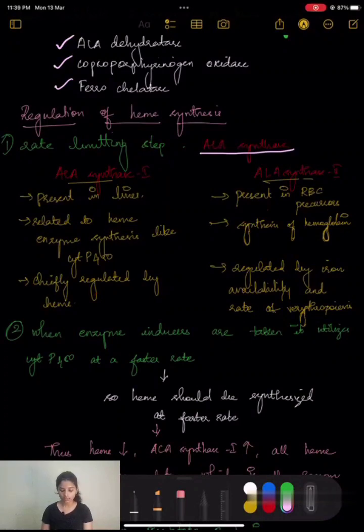So the most important or the rate limiting step of the heme synthesis is nothing but the ALA synthase. This ALA synthase is of two types, ALA synthase 1 and ALA synthase 2. ALA synthase 1 is present in the liver, and ALA synthase 2 is present in the RBC precursors.